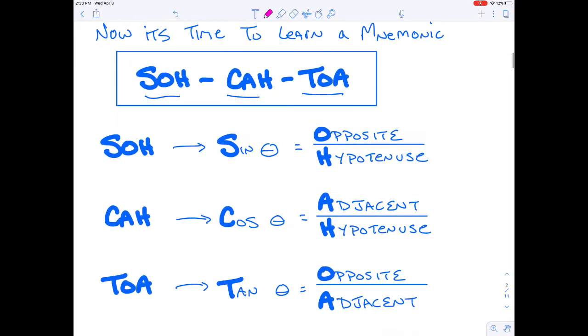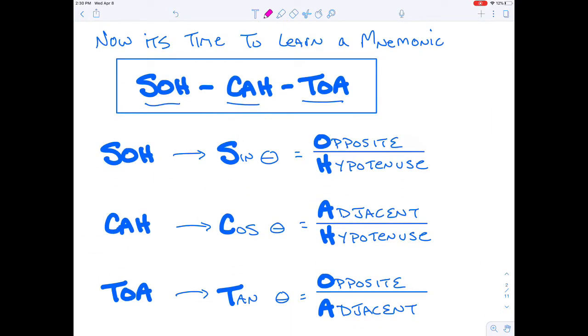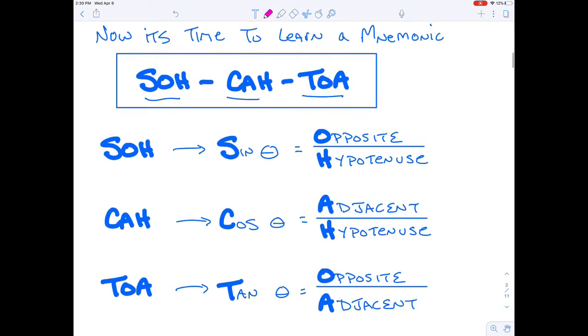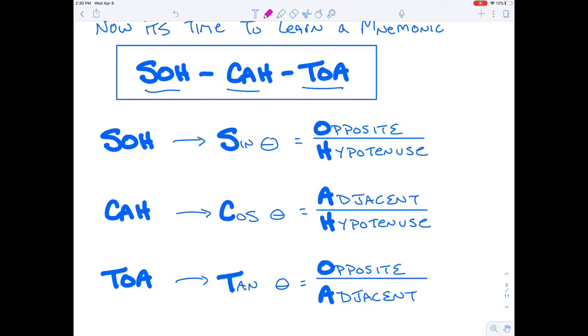Let's move on. Now, when I was in high school, I had a really bad student teacher who taught me this mnemonic device. It's the only thing he taught us in 16 weeks, but he taught us SOH-CAH-TOA. This mnemonic device is a way to remember the sine, the cosine, and the tangent functions.